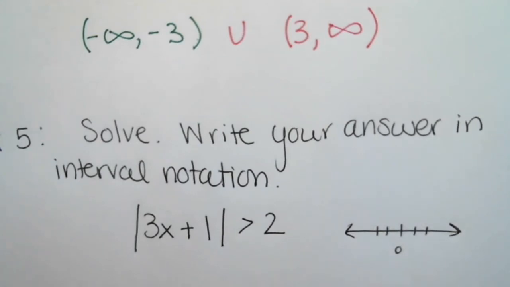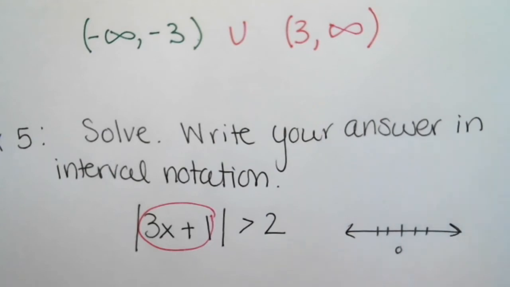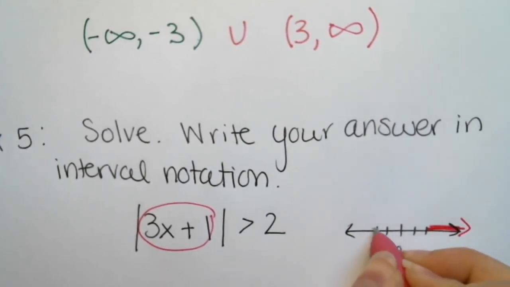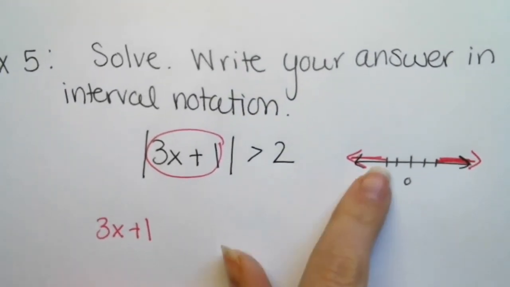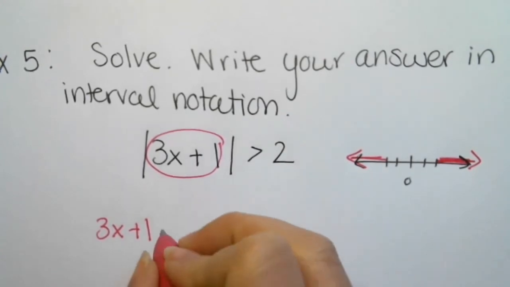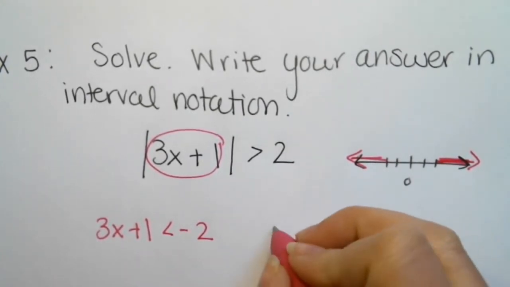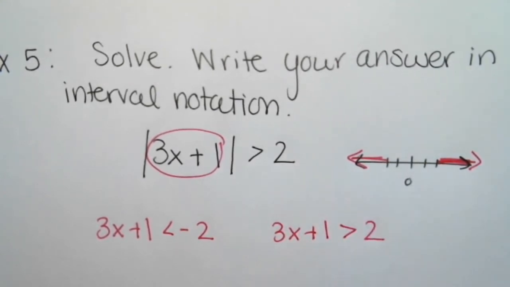So again, I'm thinking about this whole expression as a single number. So if the absolute value is greater than 2, I'm talking about this part and this part. So this is that number. The whole number is less than -2. And this part describes that whole number being greater than +2.